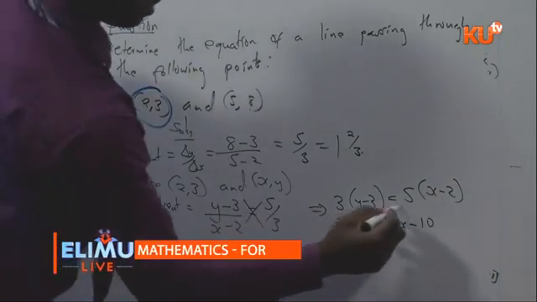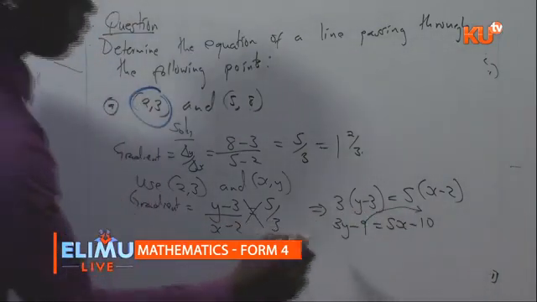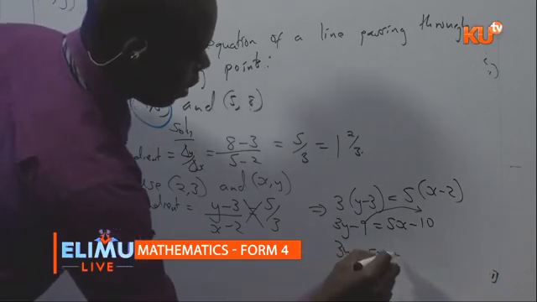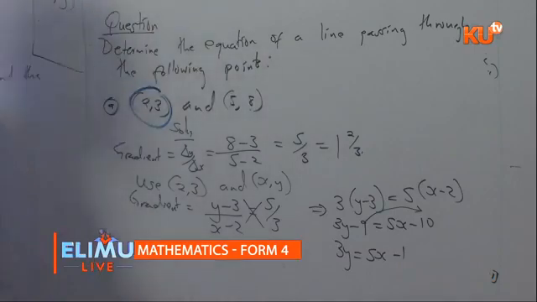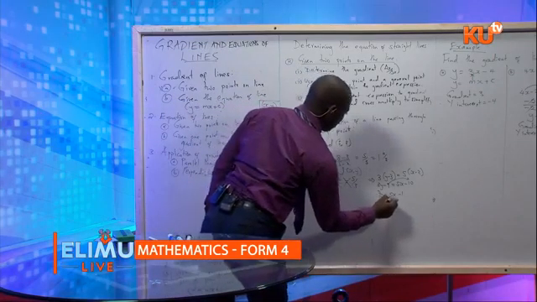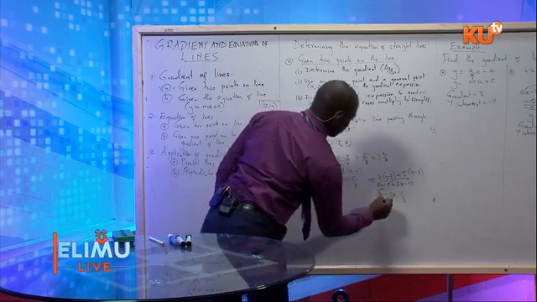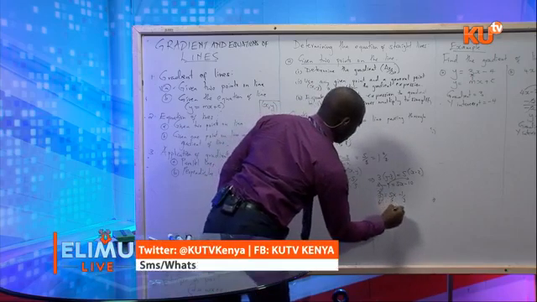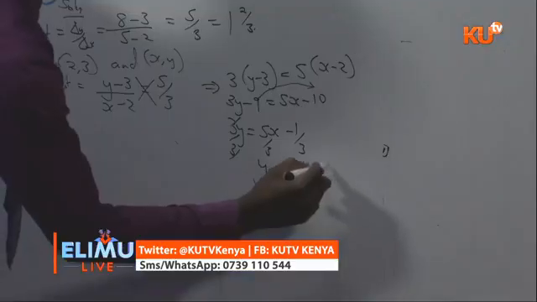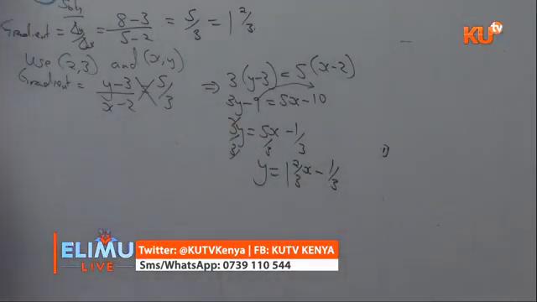Minus 9 to the right hand side becomes positive. So we shall have 3y equal to 5x, then we less 1. Now we divide by 3. So our equation y is 5 over 3 of x, less 1 over 3.